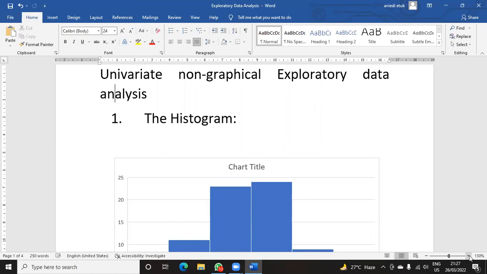If it is more than two, you apply multivariate. You understand now? If it is two, it's bivariate. If it's more than two, multivariate. But if it is one population or one sample, it is univariate analysis that you will do.